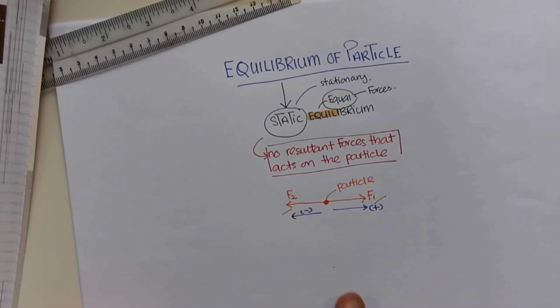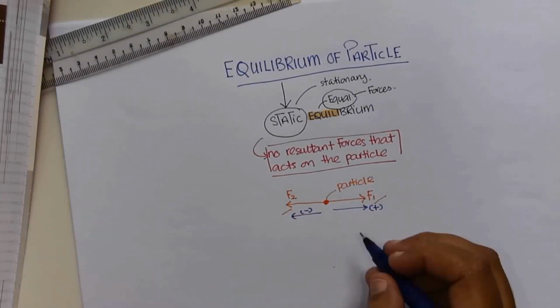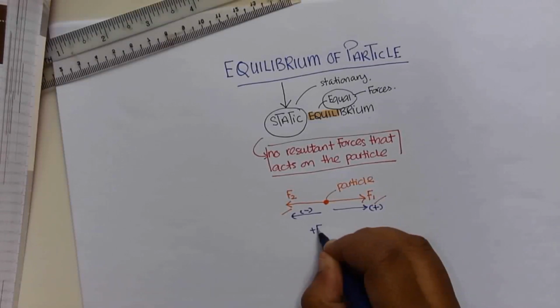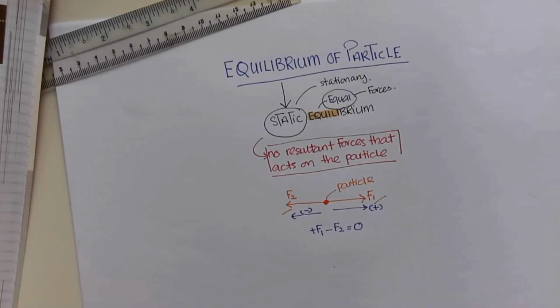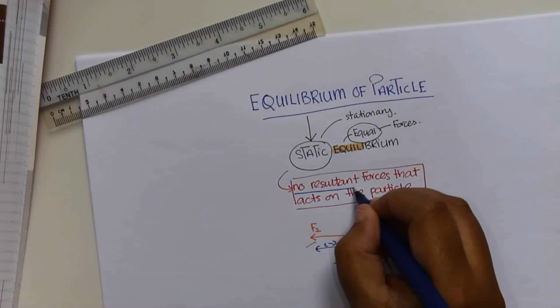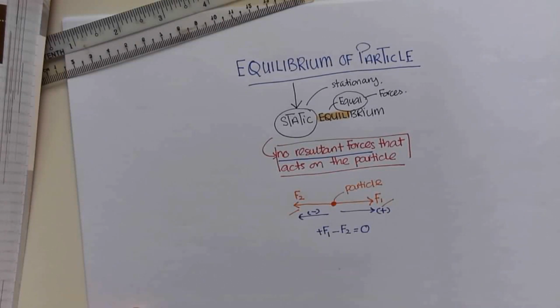If I total up the forces, positive F1 minus F2 is equal to 0, because there is no resultant force.